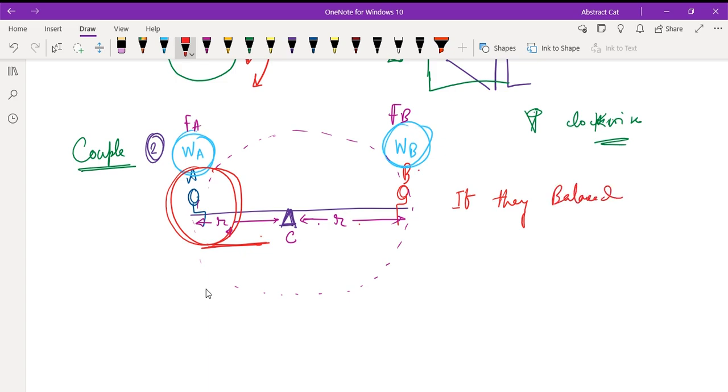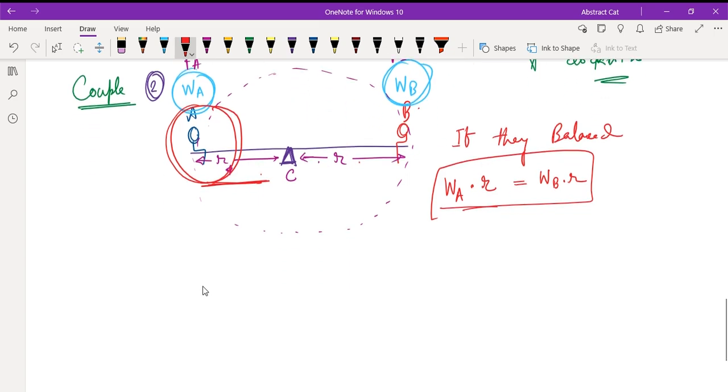We see that WA times r equals WB times r. So they balance here if they are equal. If not, they are not in balance.